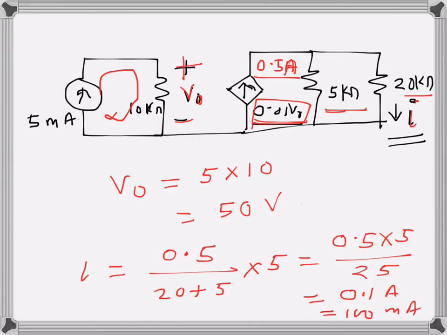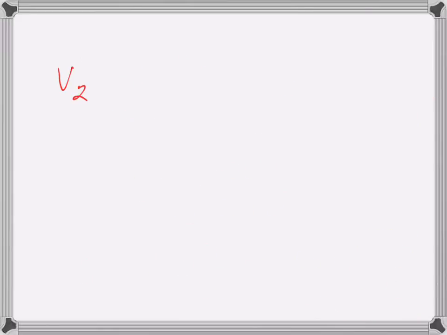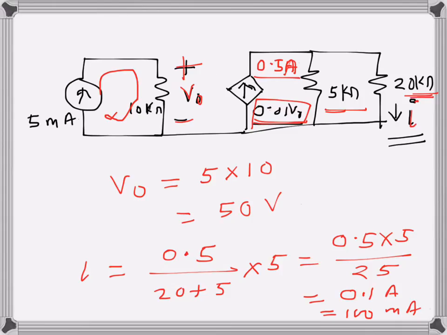That is the current I that is going through the 20 kilo ohms resistance, and the voltage across the 20 kilo ohms resistance will be 20 times 100. What I am doing is writing the resistance in terms of kilo ohms and the current in terms of milliamps.